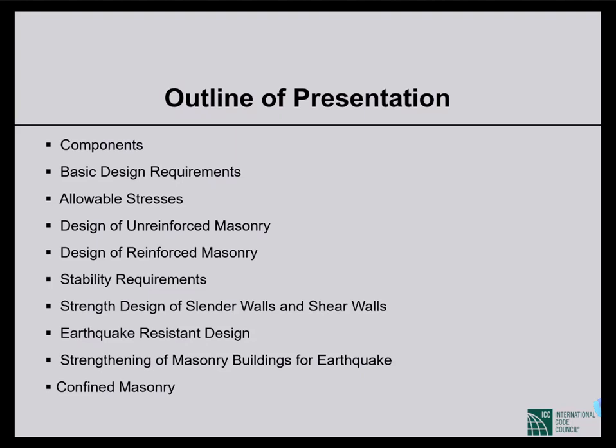Where to put bands for seismic design, as all the bands are mentioned in the table for strengthening of unreinforced masonry construction? For strengthening, we have to provide bands at the lintel level and at the roof level.